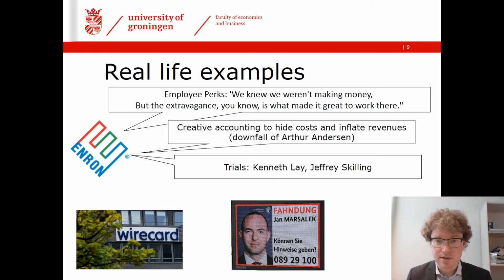And also here, you see this right-hand picture, that was the CFO. This is a German roadside sign. This guy is now wanted by the police. So if you saw him, you can call this number if you're in Germany.